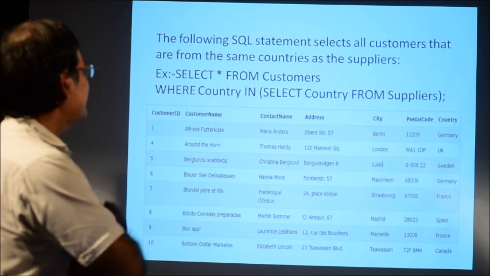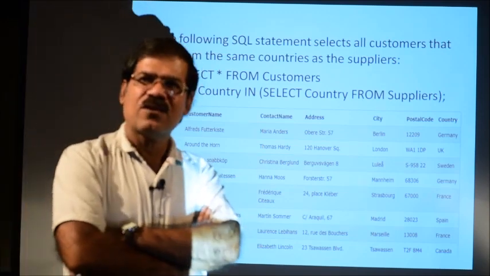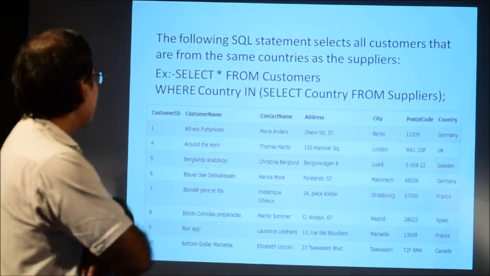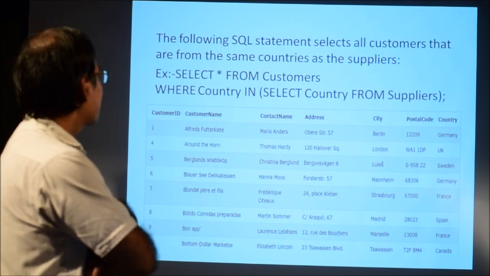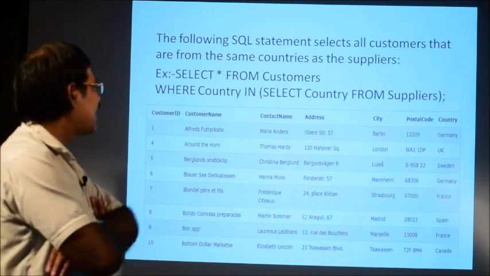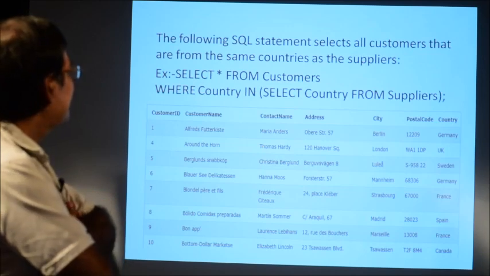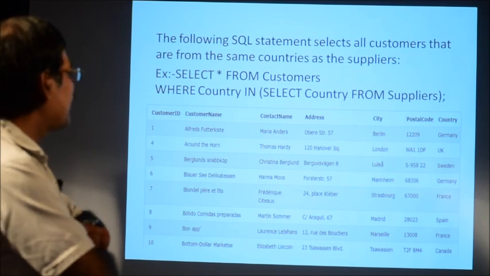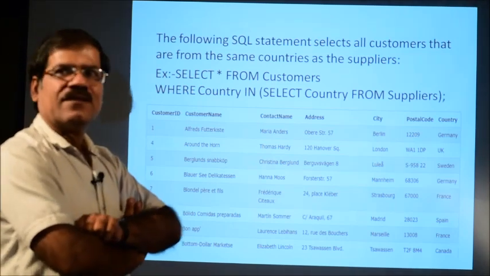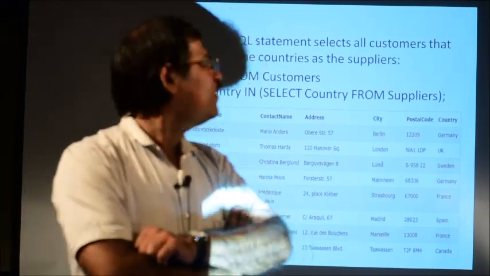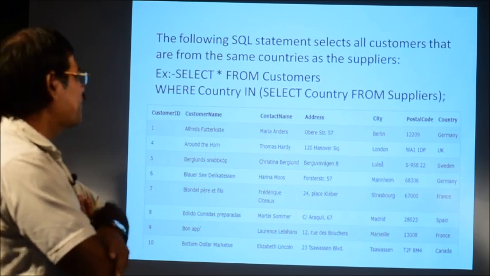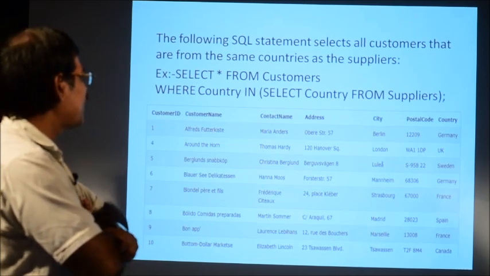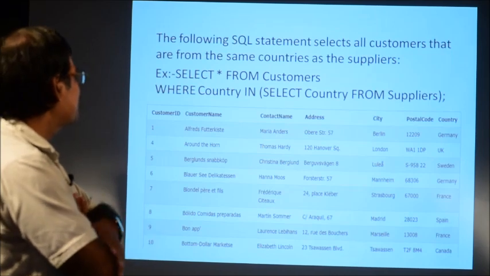My requirement is to select all customers that are from the same countries as the supplier. The supplier's country name is equal to the customer's, so you can select the customers according to the supplier's country name.